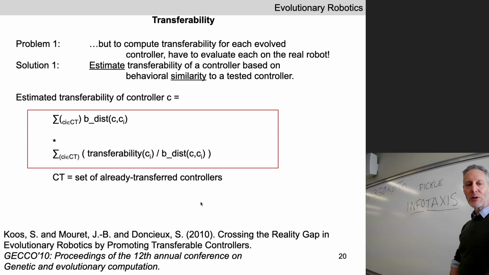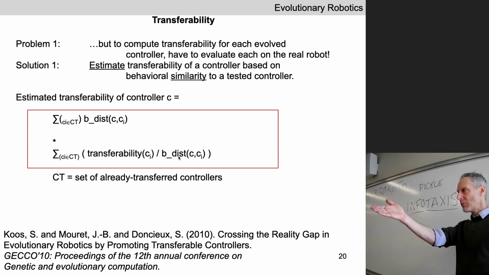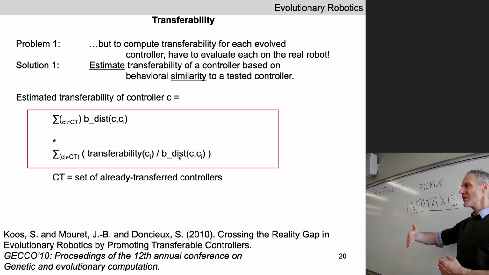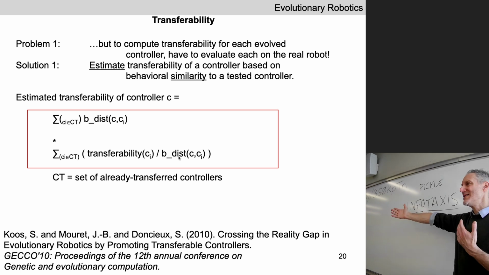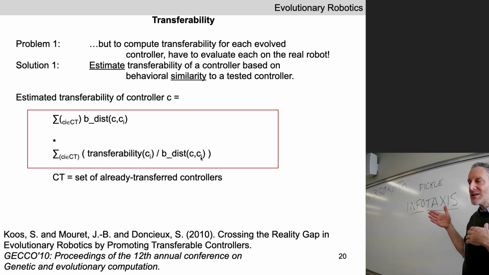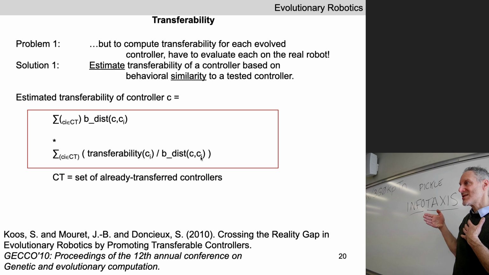Absolutely, right? So the weight is like, you can think of it as what you just said, applicability. A controller that produces behavior very different from the behavior I produce, I am controller C. C sub i is way over there. It shouldn't influence my estimate of my own transferability very much. But another C sub i that produces very similar behavior to the behavior I produce, I should base my estimate of how I'm going to transfer much more on the transferability of this one.